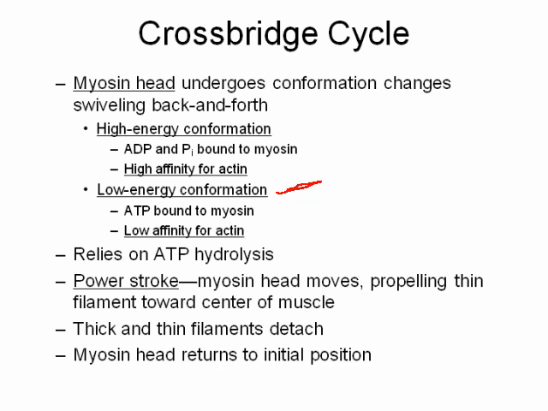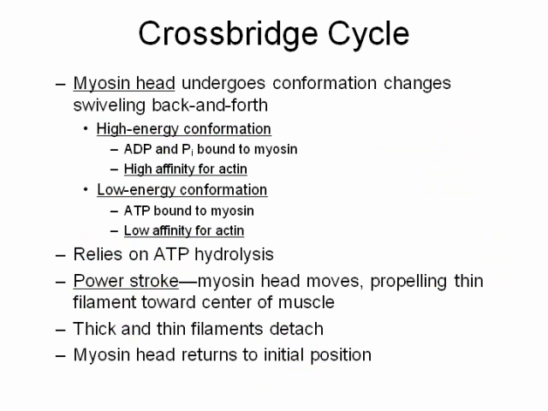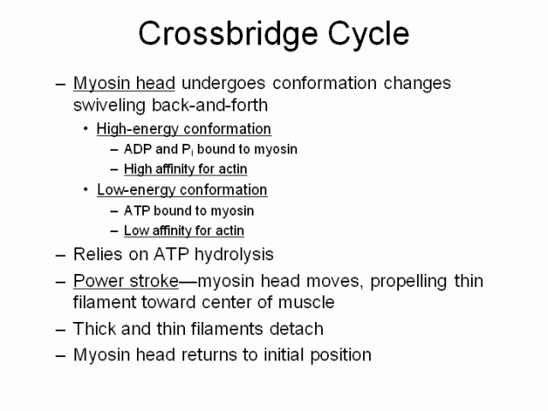The low energy conformation has a low affinity for actin. So in that case, it ceases to bind to the actin. And at that same time, it is bound to ATP. Now keep in mind that the head contains an ATPase, so it's bound to the ATP.